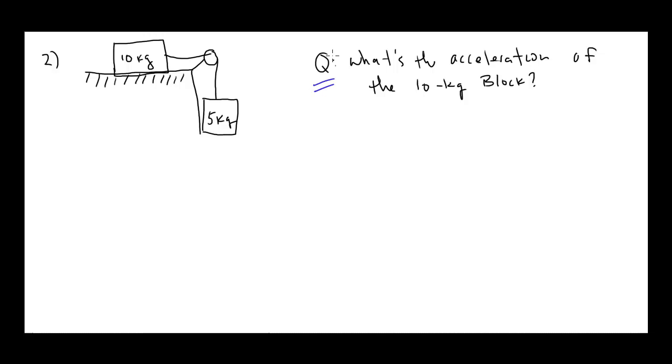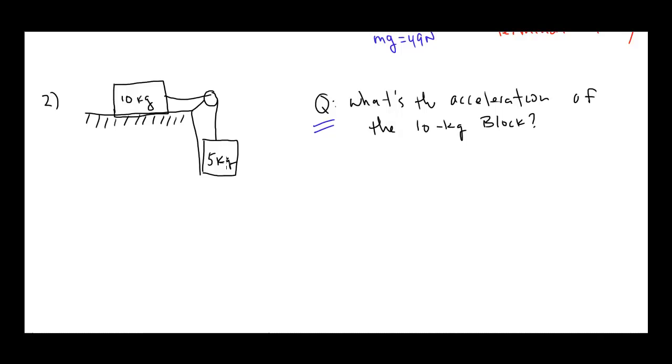So let's think this through a little bit. If we can, let's think about the forces that are acting here. Let's start with the 5 kilogram block. We know that there is a force here downwards, mg. That mg, that's 5 times 9.8 equals 49 newtons. This force is acting on the system.